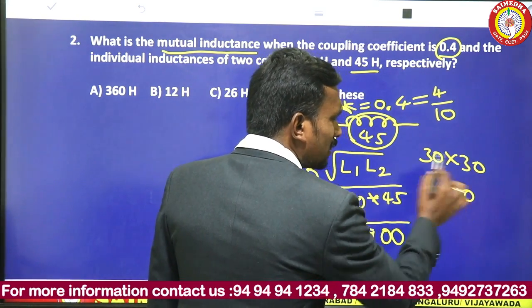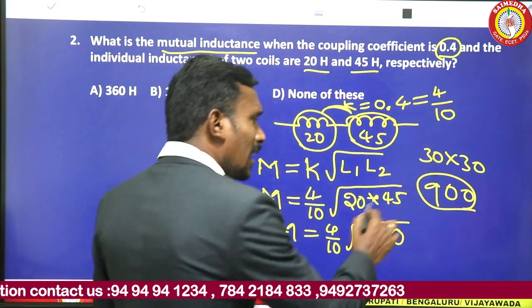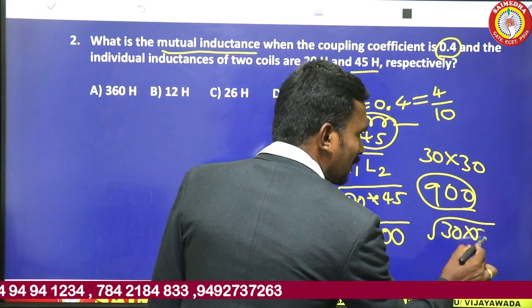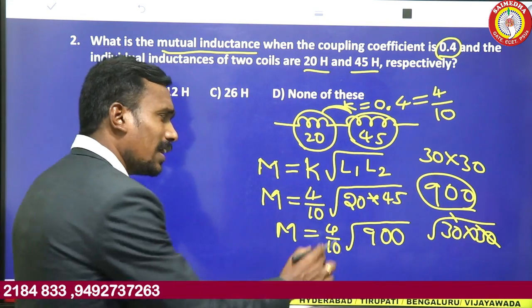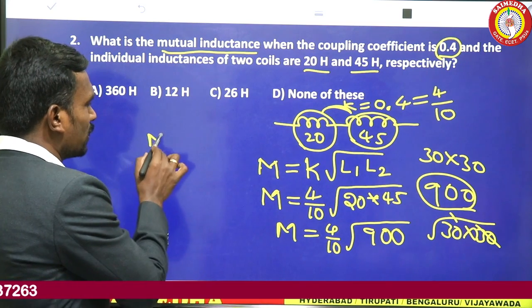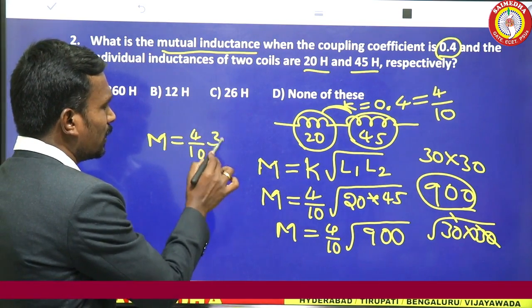Two zeros, 3 threes are 9, like this. So square root of 900 can be written as square root of 30 into 30. One root is cancelled. So square root of 900 means 30. So M is equal to 4 by 10 into 30.